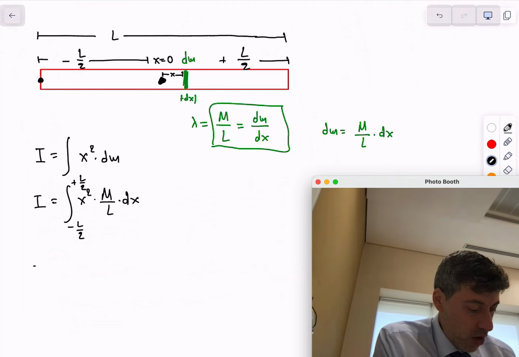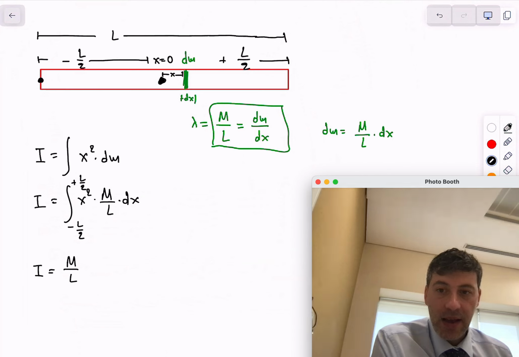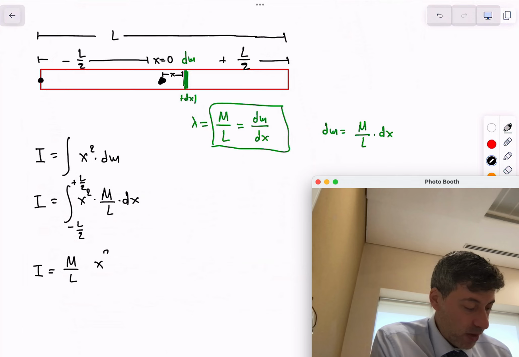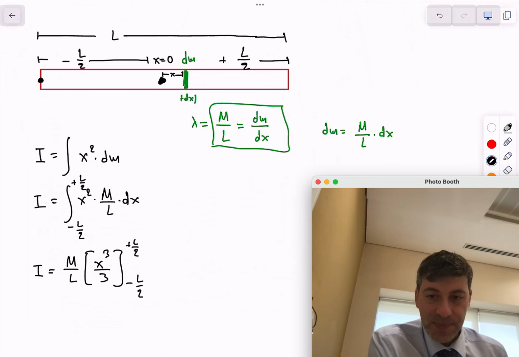So now we get that for the integral, we can bring the m over L outside. X squared integrated is x to the power of 3 over 3, and all we need to do is set plus L over 2 and minus L over 2 in the place of x.